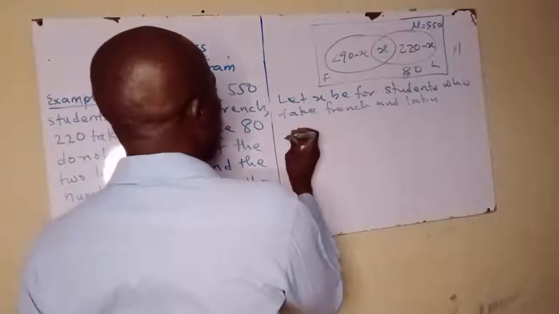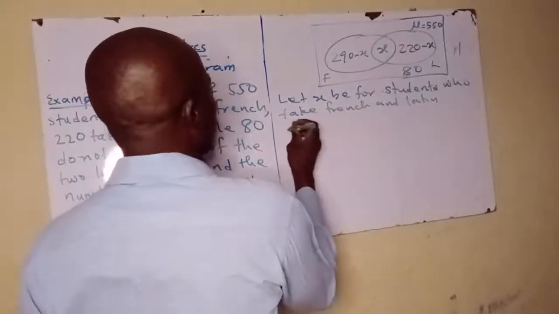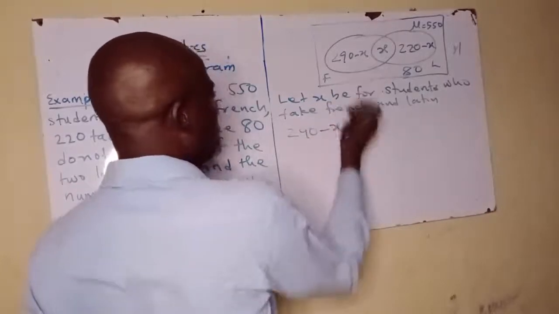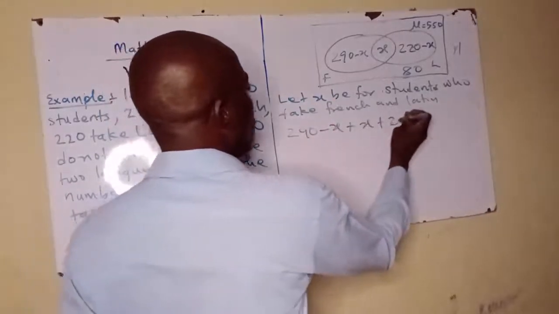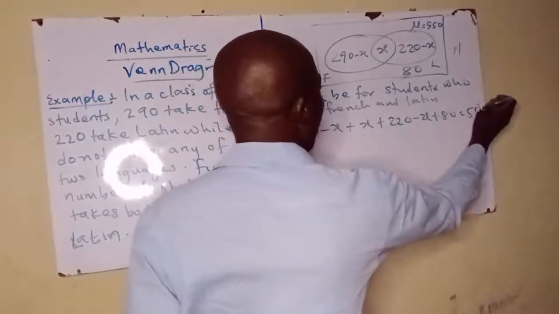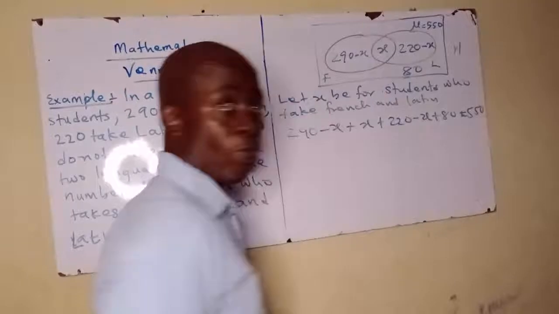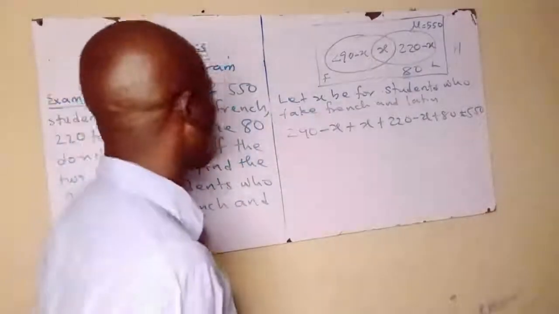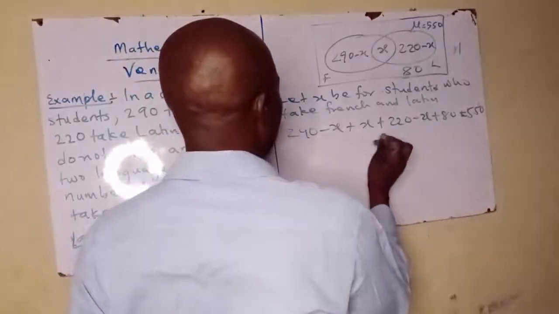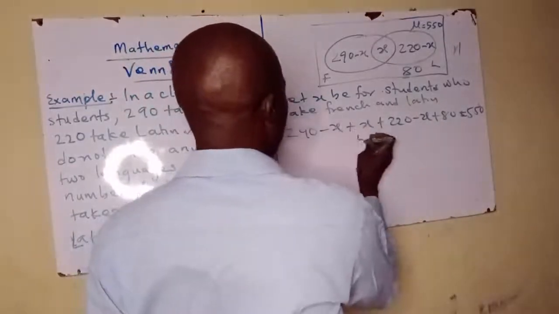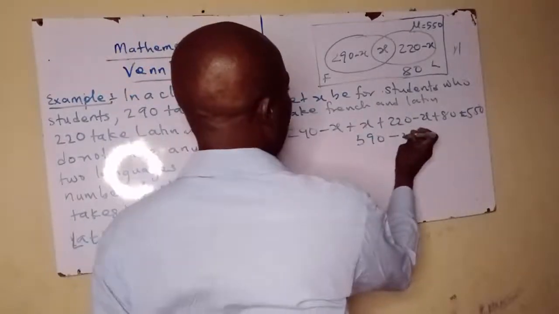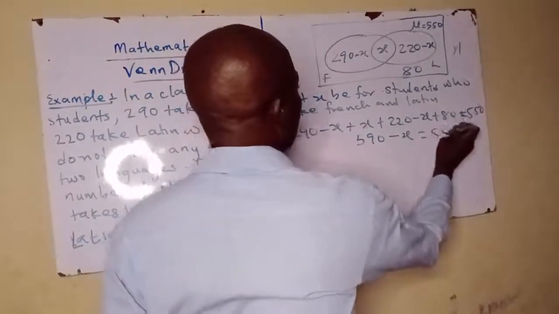So that will be 290 minus X, plus X, plus 220 minus X, plus 80, equals 550. We can now say 290 plus 220 plus 80 is 590, so 590 minus X equals 550.